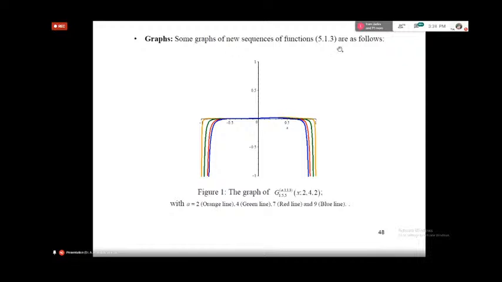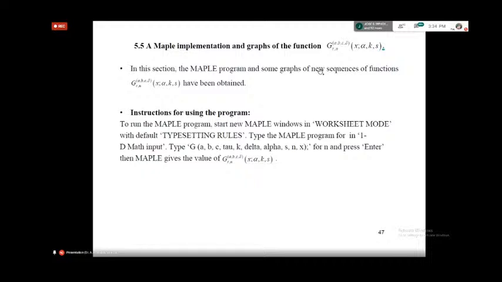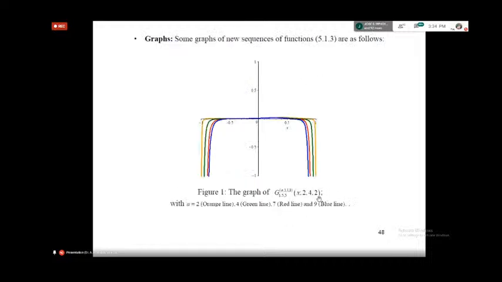The 5.13 is defined and given into this graph. So here we put some different values, and it will give different types of graphs. If you see, that is the graph of the polynomial.